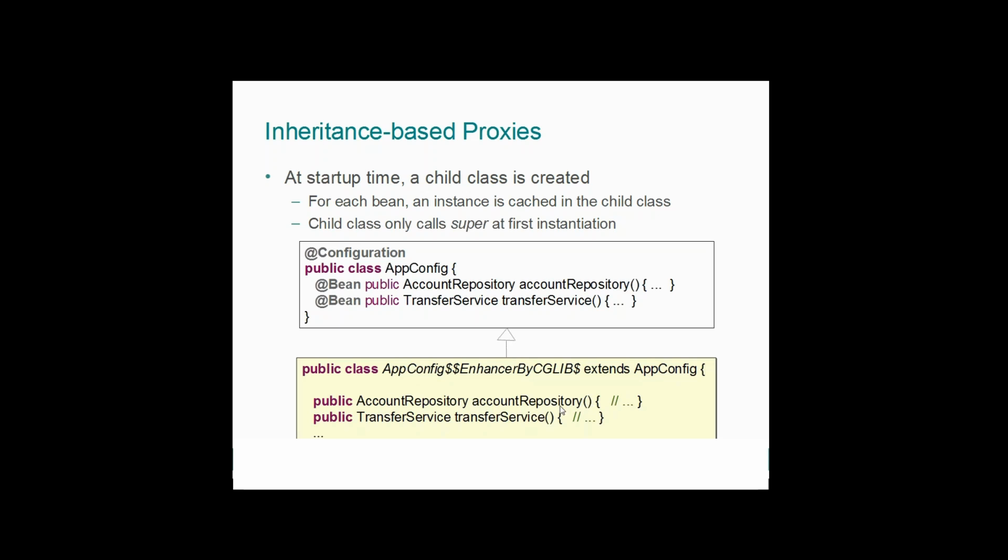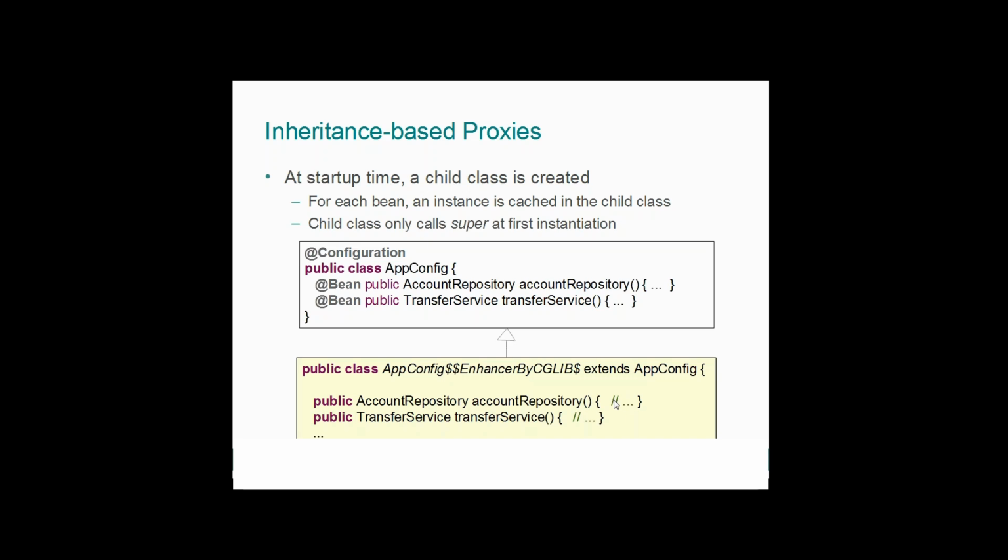In this method I put a kind of generic logic. First I check in my container whether this bean is already available in my context. If it is available, I take that instance and return that object.